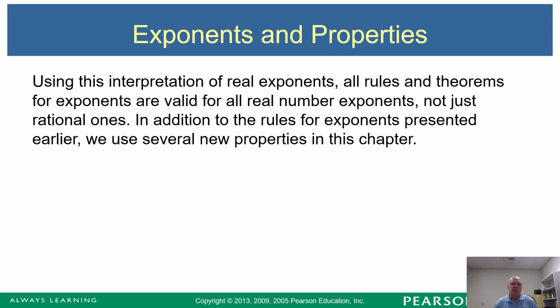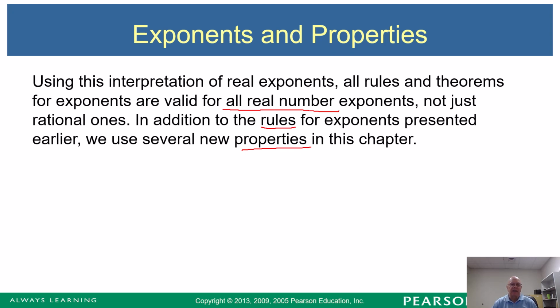We're going to use some rules and theorems, and they're going to be good for all real numbers, even if they're square roots or even pi. All of those will be good. Now you want to get those properties and rules down because we're going to be using them the whole chapter.